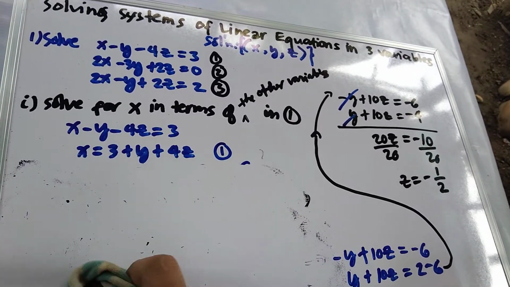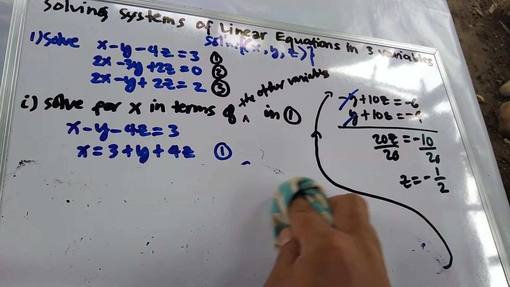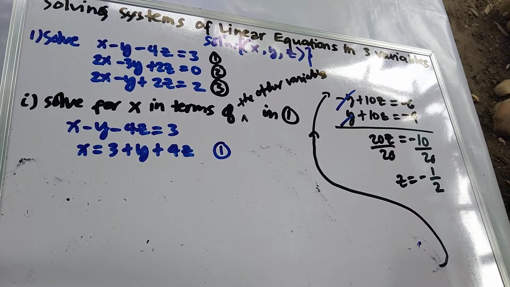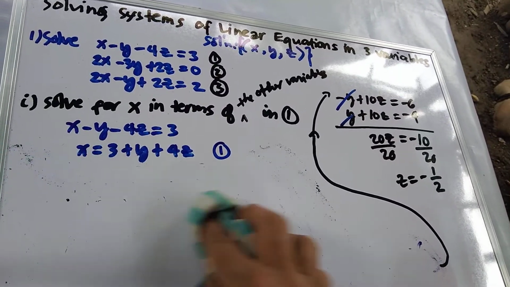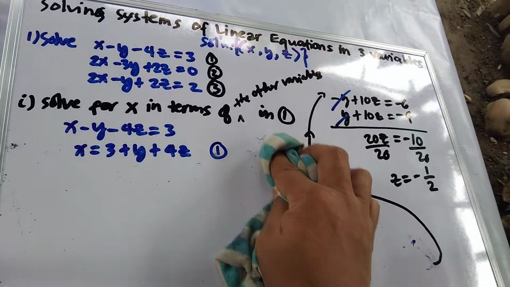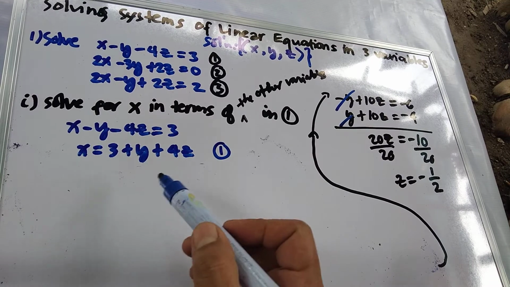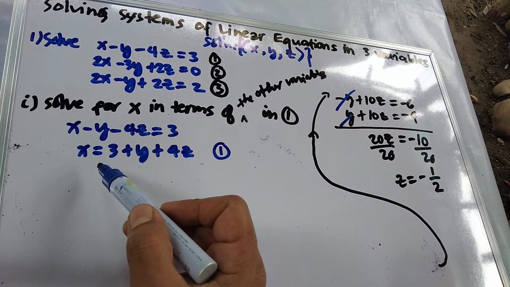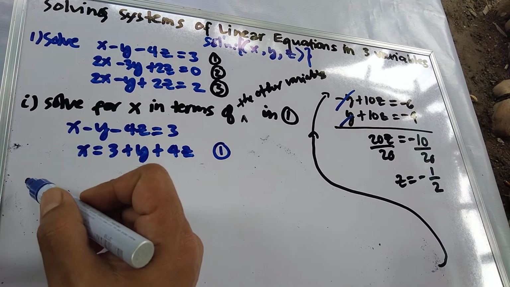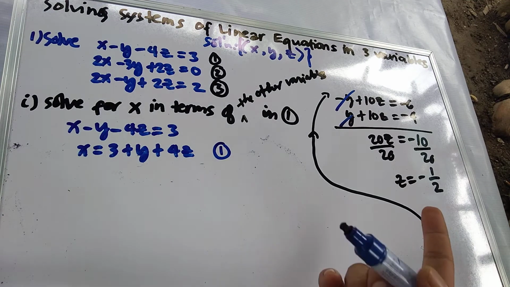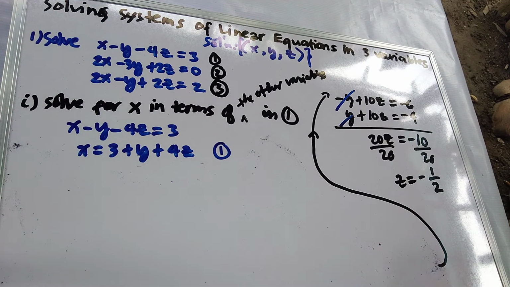I need to solve for x. Because equation 1 is like this, we lack x, we lack y. We already have z. We need to solve for y.